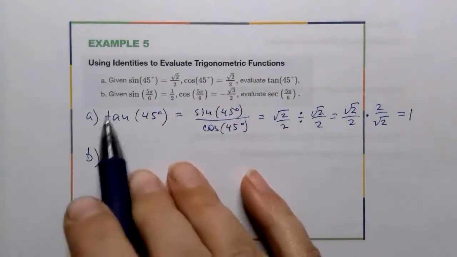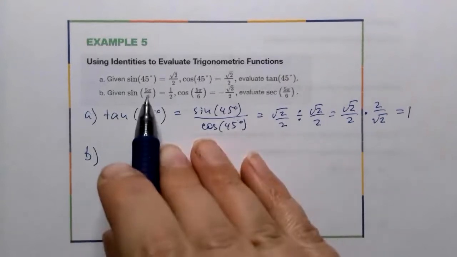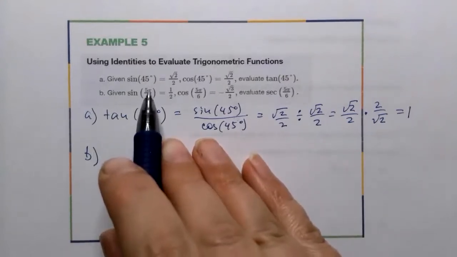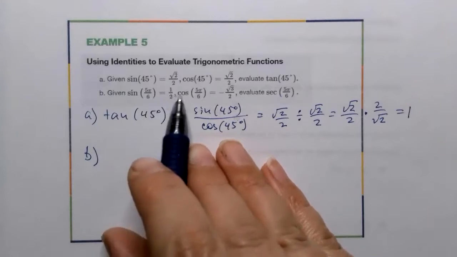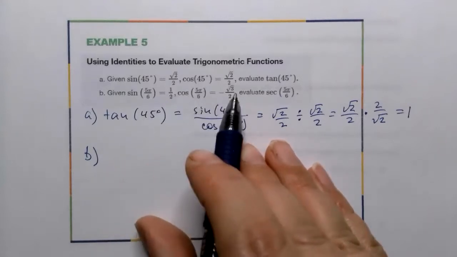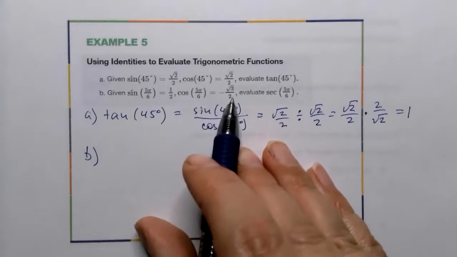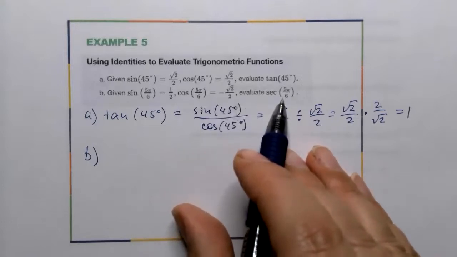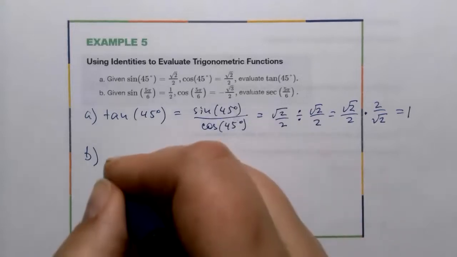The next question is, we have a sine of 5 pi over 6 is 1/2, and the cosine of 5 pi over 6 is negative root of 3 over 2, and we need to evaluate the secant.